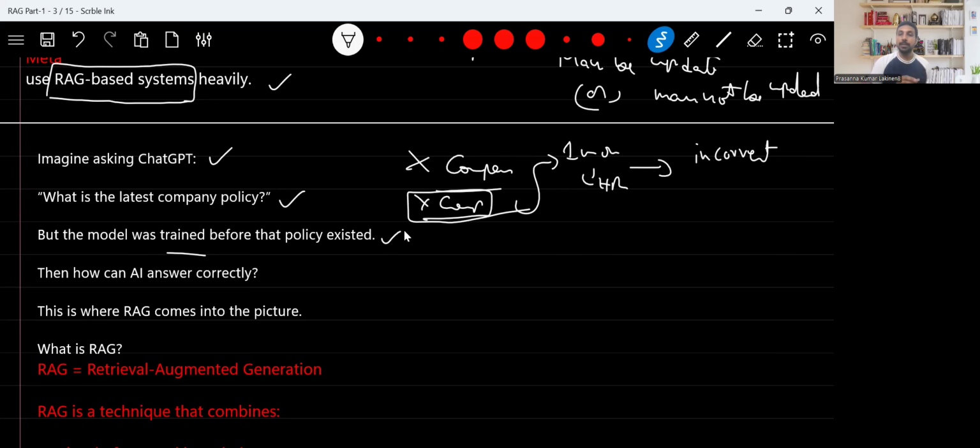Then how can it answer correctly? This is where RAG comes into the picture.